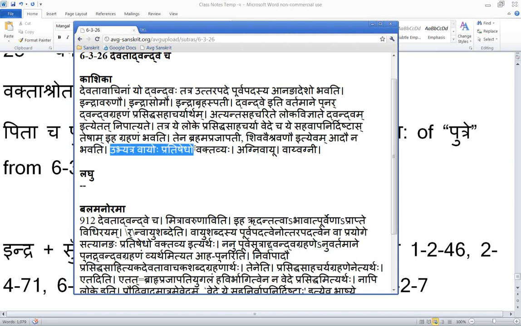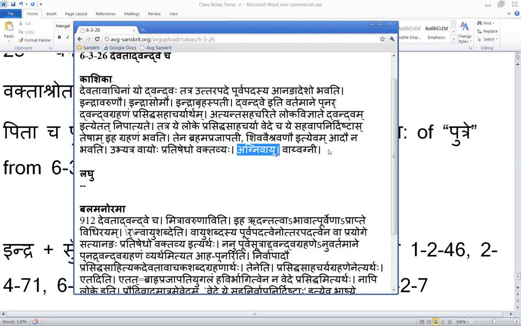Ubhayatra vayoho pratishedo vaktavyaha. If one of them is Vayu, then this rule doesn't apply at all. Ubhayatra: where Vayu is Uttarapadam or Vayu is Purapadam, this rule Anang will not take place. So Agni Vayu didn't become Agna, it stays Agni Vayu.